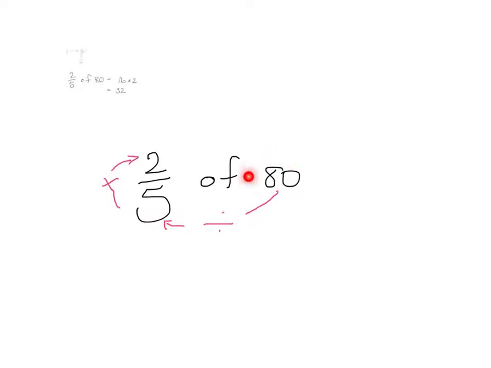So you take your quantity, you divide it by the denominator, and multiply by the numerator. In this case, we had 80 divided by 5, which was 16, times 2, which was 32.